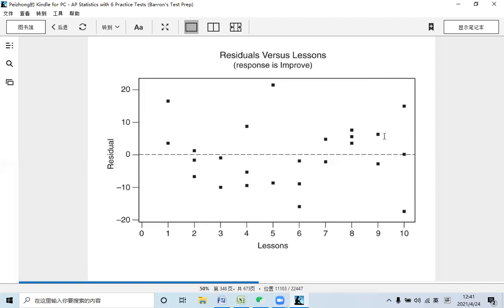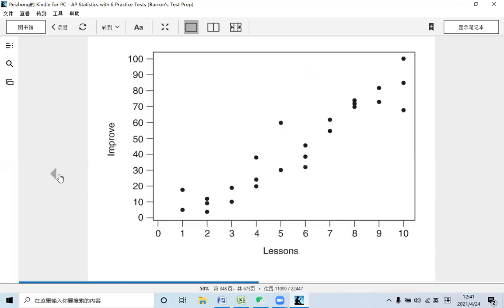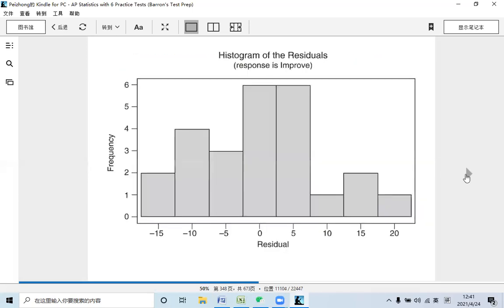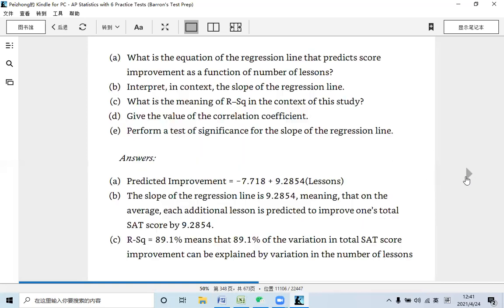Here we don't have a whole lot of a pattern. See, the dots are all over the place. So that means the correlation is mostly linear. We don't have a lot of curvy correlation going on. Here you have a histogram of the residues.